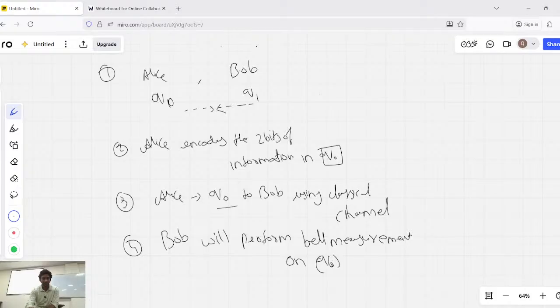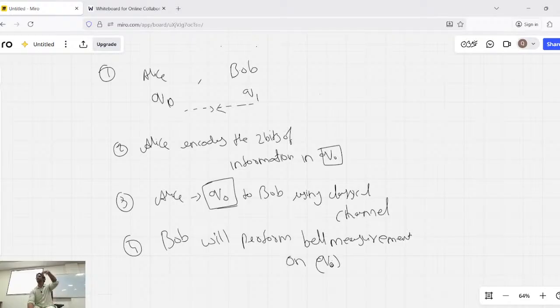In order to send 2 bits of information, we normally require 2 bits, I mean 2 pieces, right? But instead, in this superdense coding, Alice sent only 1 qubit. Yes or no? Alice sent only 1 qubit, meaning she sent only one physical component. In this one component, she has those 2 pieces of information.